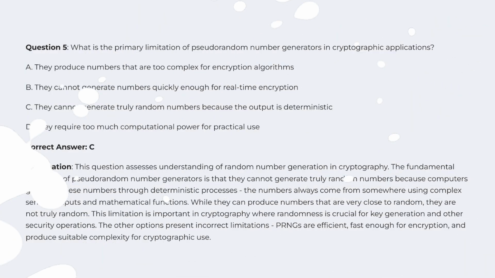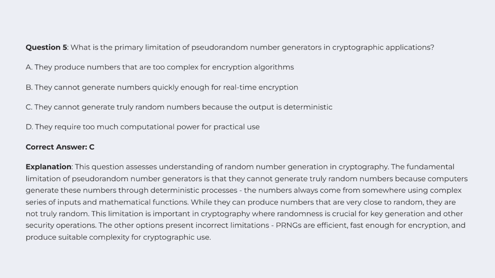Correct answer: C. Explanation. This question assesses understanding of random number generation in cryptography. The fundamental limitation of pseudo-random number generators is that they cannot generate truly random numbers because computers generate these numbers through deterministic processes. The numbers always come from somewhere using complex series of inputs and mathematical functions.